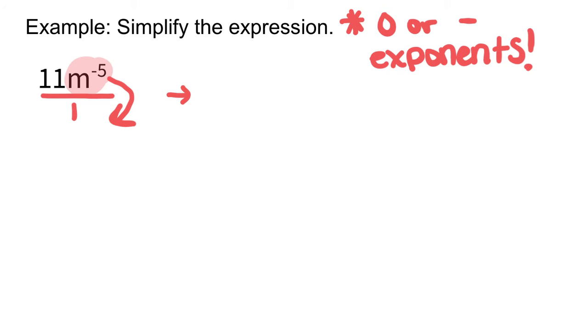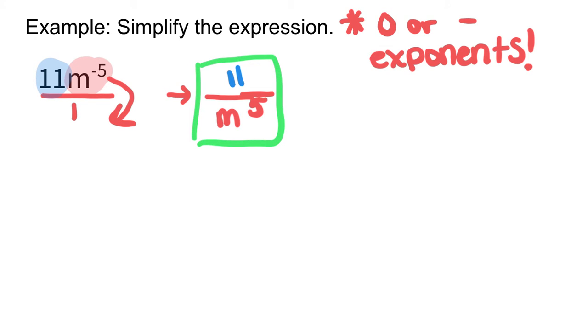So it becomes rewritten as 1 m to the fifth, or I could keep it as just m to the fifth, and then on top, the 11 is going to stay in the same place. So it'll be 11 over m to the fifth. I have no more negative or 0 exponents, so this becomes my final answer.